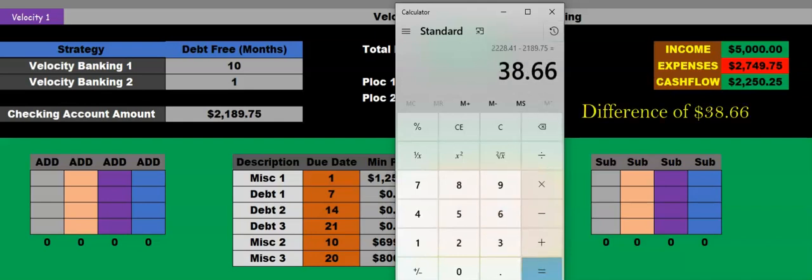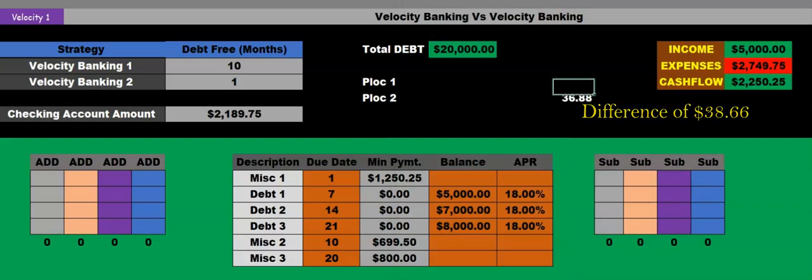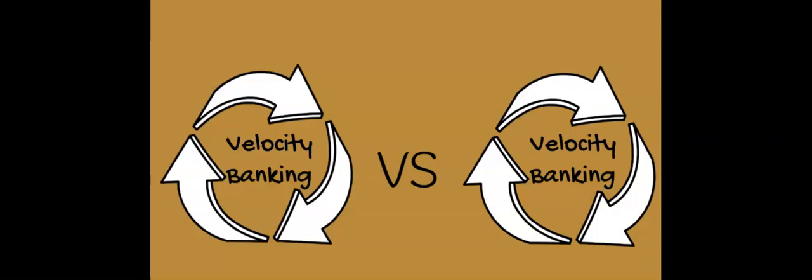So we have a difference of $36.88. Okay, so there you go, $36.88. So that's what velocity banking is, understanding how long you can keep the money sitting. This is the exact same scenario. Every single thing was the same except for the date, except for the time that the money had to come out of the account. So it just basically depends on velocity banking.